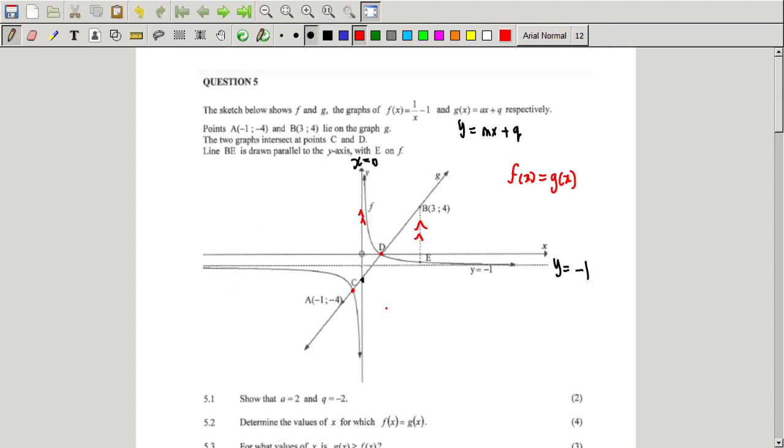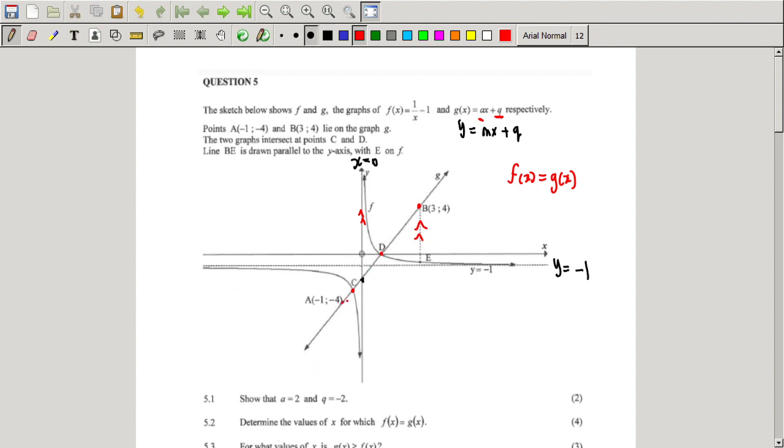They say show that a is equal to 2 and q is equal to -2. Here's a, here's q. I must get a and q. What do I know about this function g of x? Here's the function g of x. I know it has these coordinates.